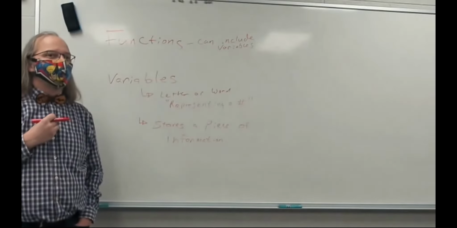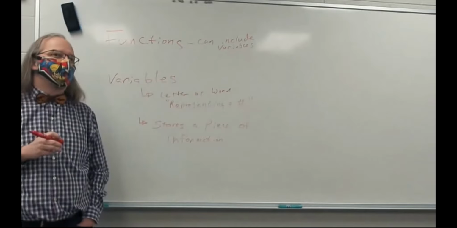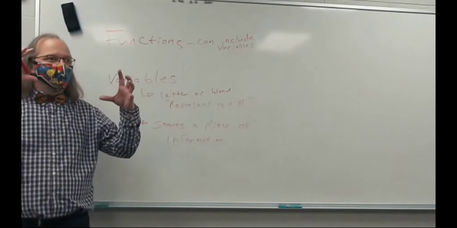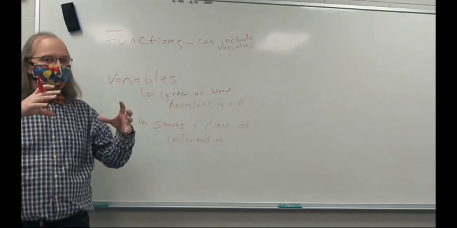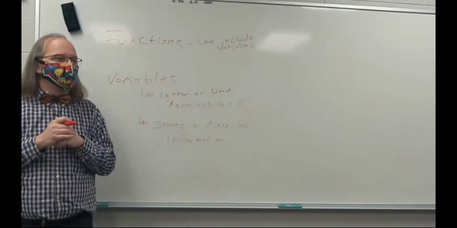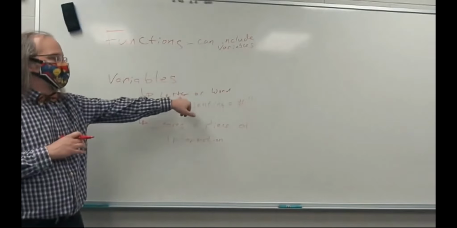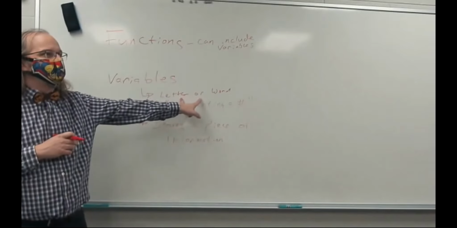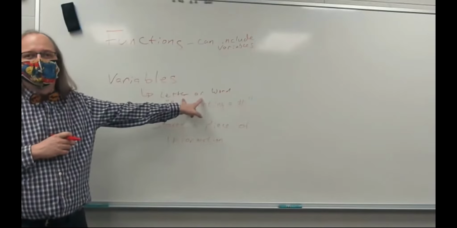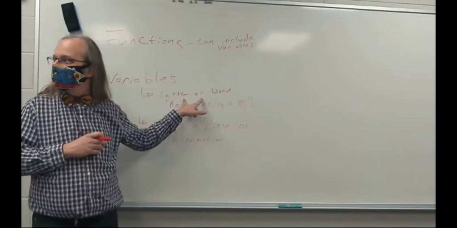It can also be a string, which is a word or a sentence. You can actually store that in a variable as well. So when we declare a variable, it reserves a piece of memory space for us to store information in. And then the label we use, that word or letter, allows us to access that memory space to see what's in it. Does that make sense? So a variable stores a piece of information.